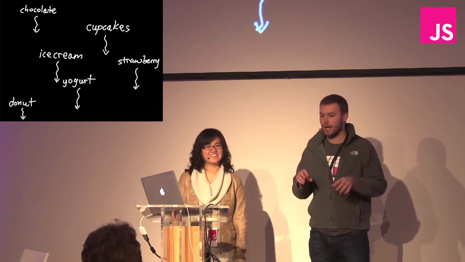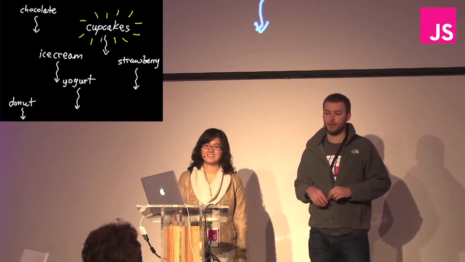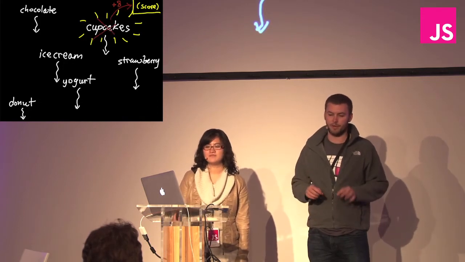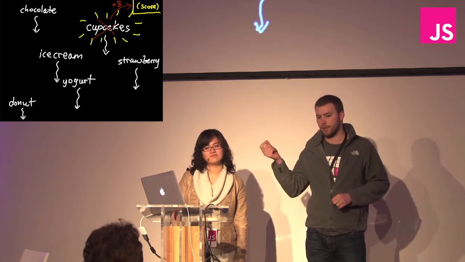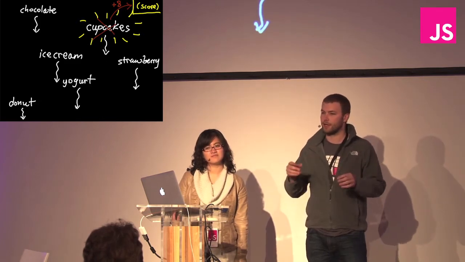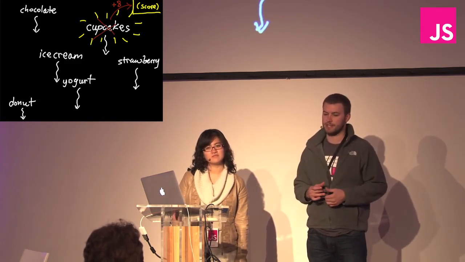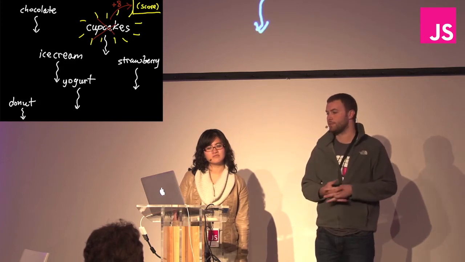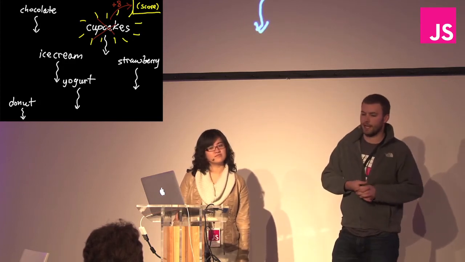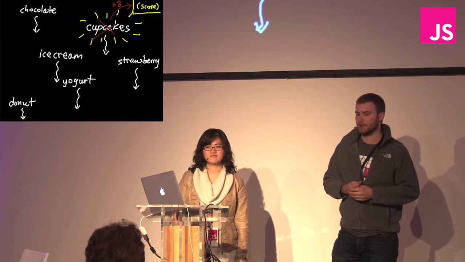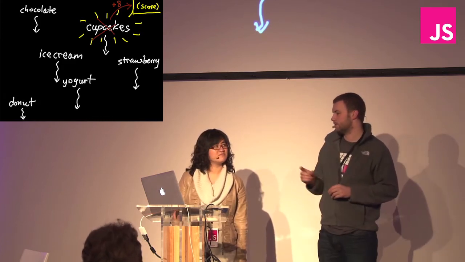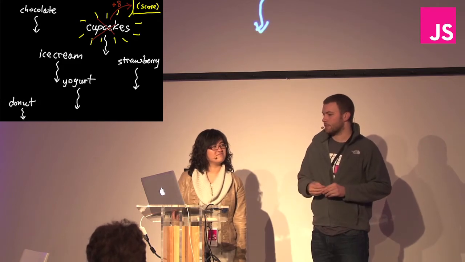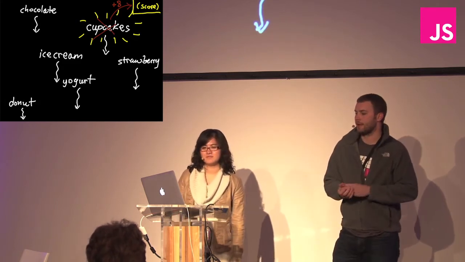For every one you type correctly, you get some points. If you type cupcakes before it hits the bottom of the page and disappears, you get like 8 points or so. You're going against the clock to see how fast you can type all the words. That's a fun little example that brings together all the things we want to talk about, and we'll show you in a second what that game looks like.